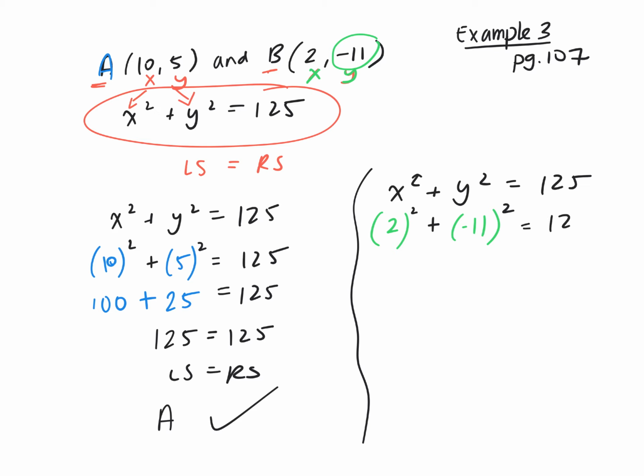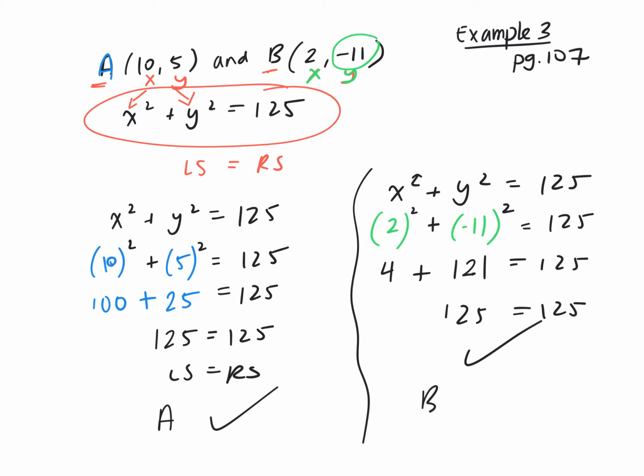Positive. So 4 plus negative 11 times negative 11 is positive 121. If I didn't put the y in brackets, then I would have got negative 121, which does not equal 125, right? So you have to make sure you are squaring everything. So what is 4 plus 121?